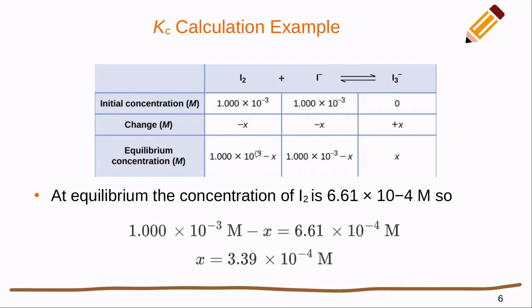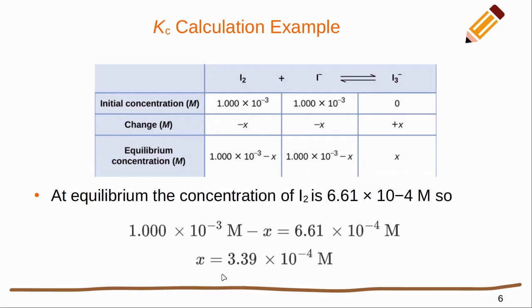And I was told in the problem that that is equal to 6.61 times 10 to the negative 4 molar. So I could set up this equaling 6.61 times 10 to the negative 4 molar, and then I can solve for x and get 3.39 times 10 to the negative 4 molar for x.